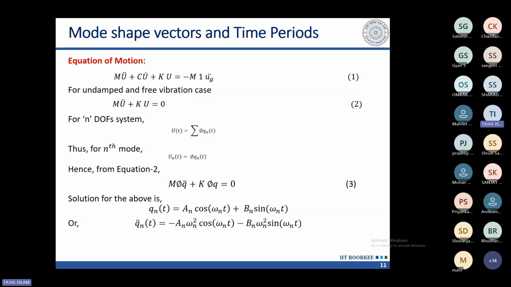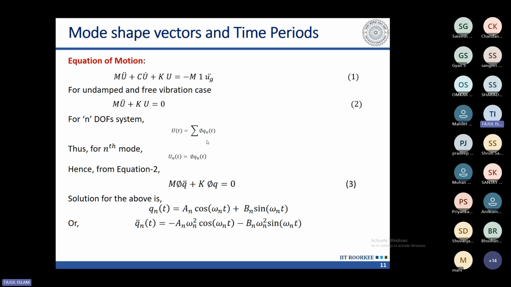So we have to simplify this one a little bit. As you see, I told you this is a matrix, because it has n number of modes. So I'll simplify, considering n degrees of freedom. My deformation vector is the summation of mode shape and modal deformation.